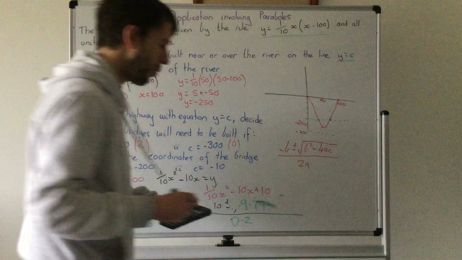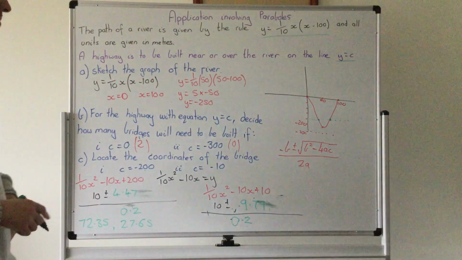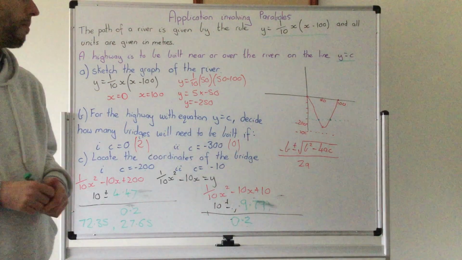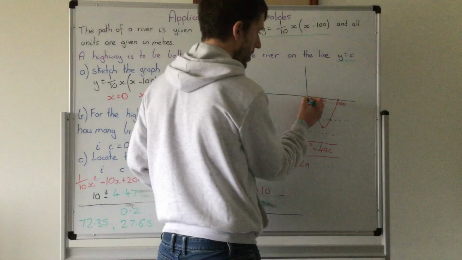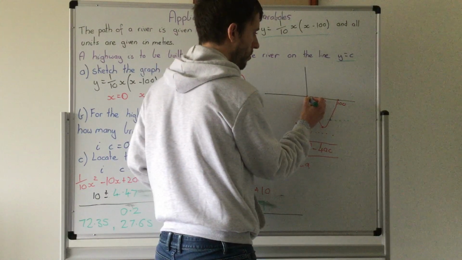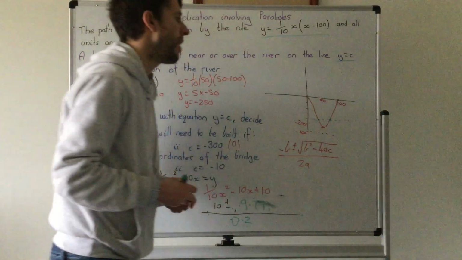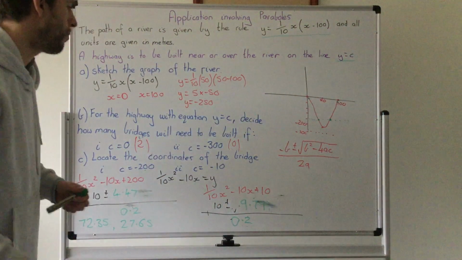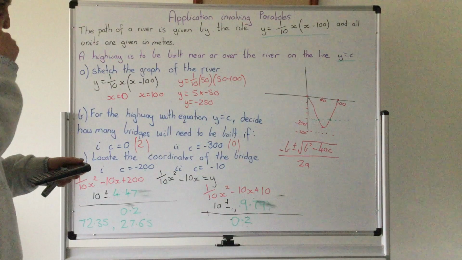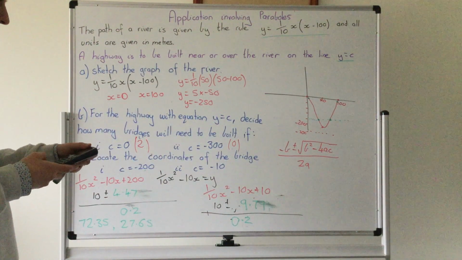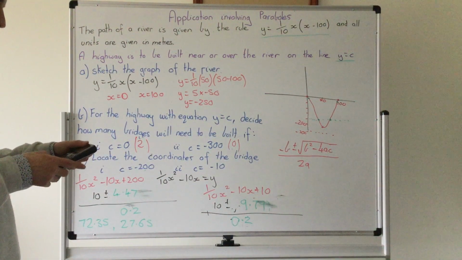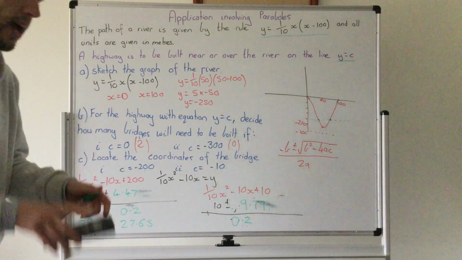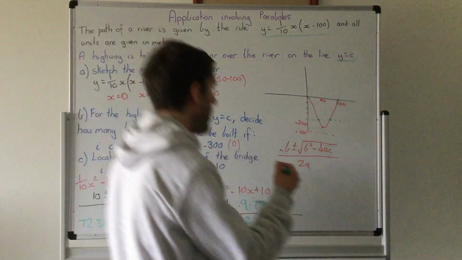So we're going to have two values again, because at the moment we are looking at when our y is negative 10. Just remember, when our y is negative 10, that's down here. So our two values should be closer to 0 and closer to 100, where our bridges are. So let's have a go double checking. I'm going to go 10 plus 9.79 divided by 0.2, and it gives me 98.95.